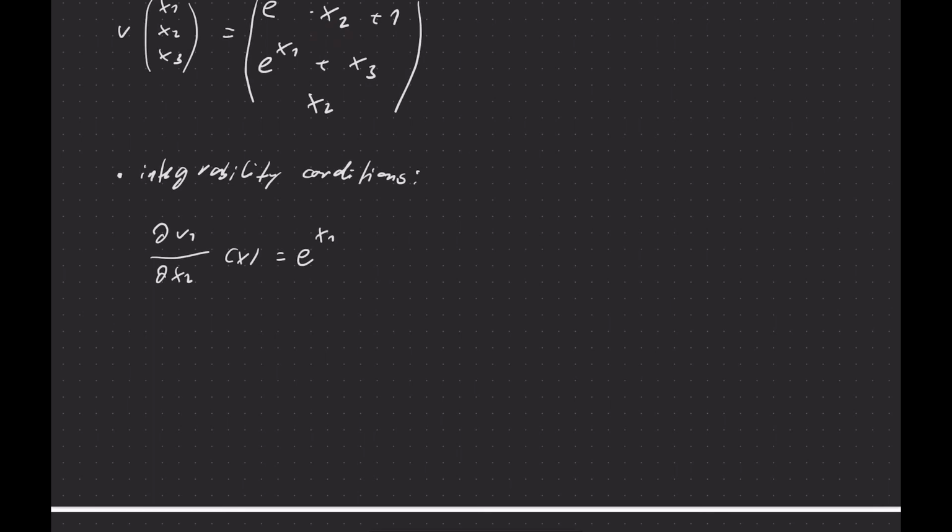On the other hand, dv2/dx1 of x, so this expression here, if we differentiate that with respect to x1, that only appears here, then we also get e^x1. So that is satisfied for this pair.